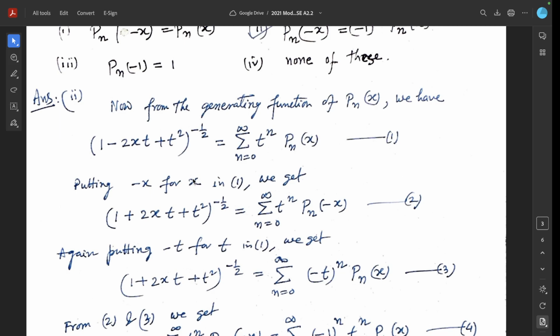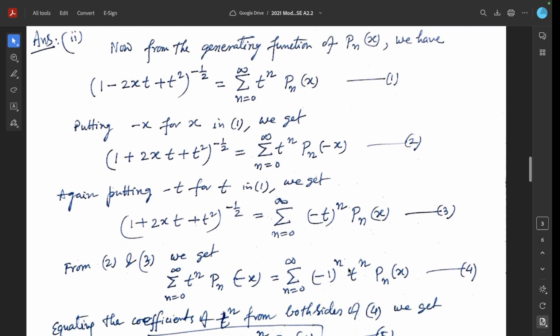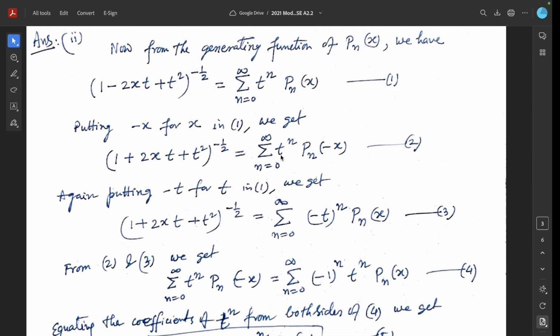And again putting minus t in place of t in equation 1, on both sides, we get expression 3. So from 2 and 3, the left hand side of 2 and the left hand side of 3 are equal. So from the right hand side we can write this summation t to the power n Pn(-x) is equal to summation (-1) to the power n t to the power n Pn(x).